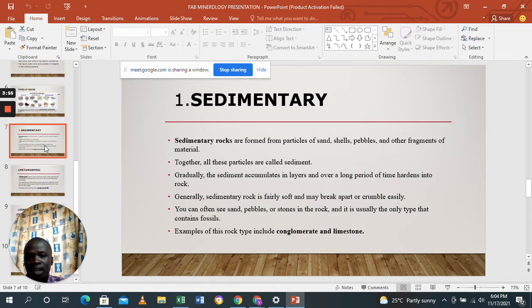Gradually the sediment accumulates in layers and over a long period of time hardens into rock. These particles are carried by an agent like wind or rain water through the process of erosion, and they accumulate in a certain depositional environment to form this type of rock.